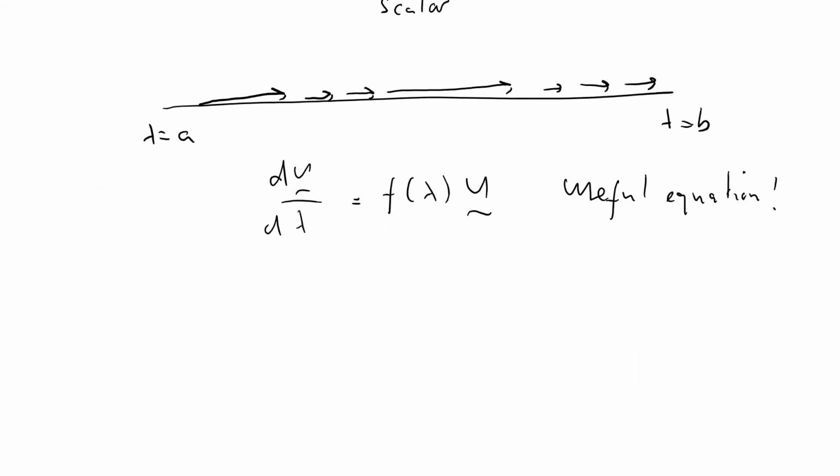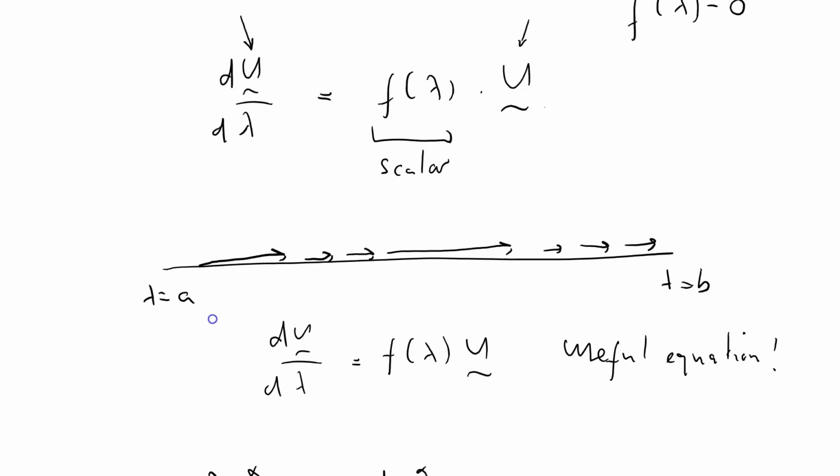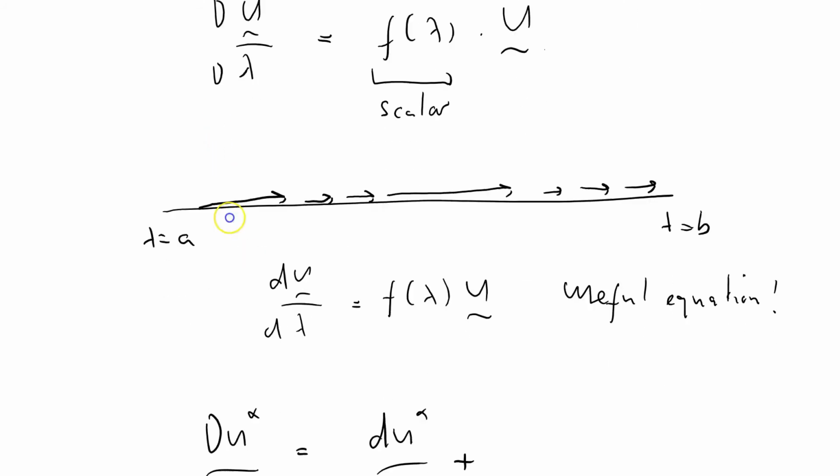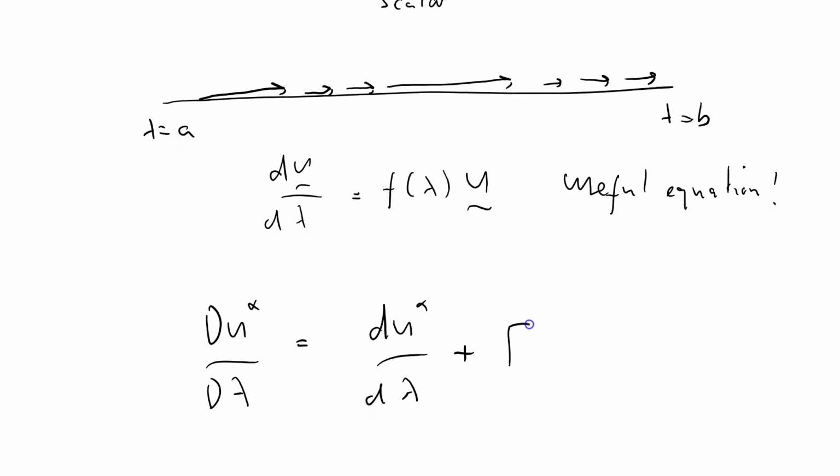So let's just write it out. What I want to say is that D u alpha by d lambda, with a capital D, is equal to du alpha by d lambda plus the Christoffel symbol.